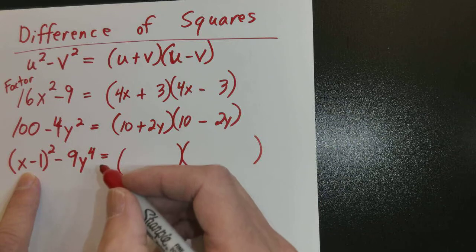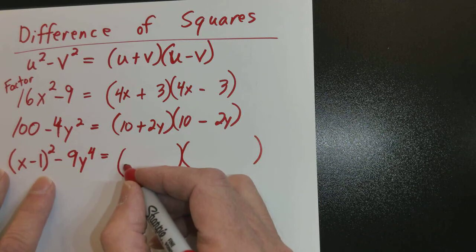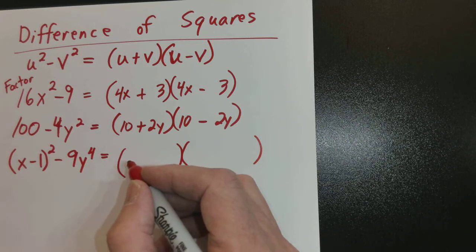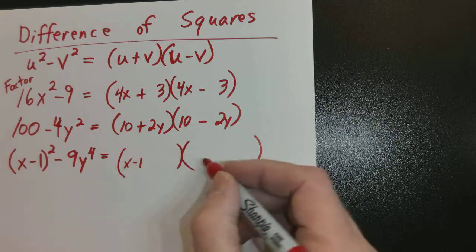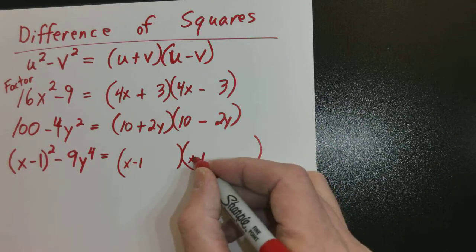Any thoughts there? Well, it's got a square on it. Leslie? Yeah, let's put x minus 1 in front of both these. Whoops. x minus 1. Okay.